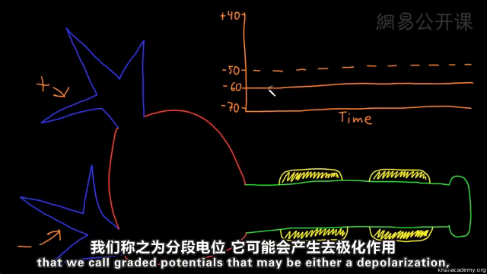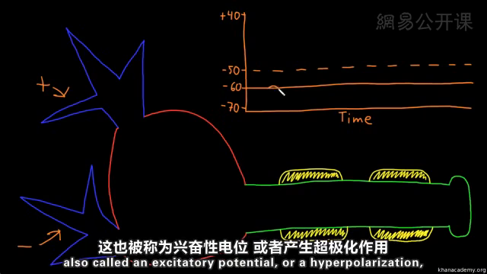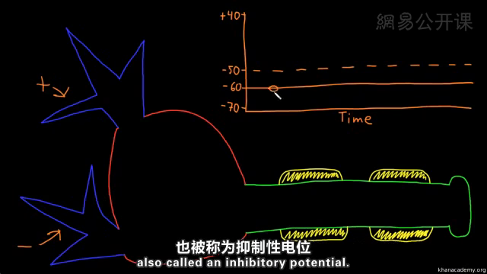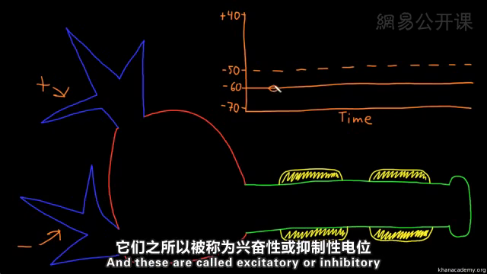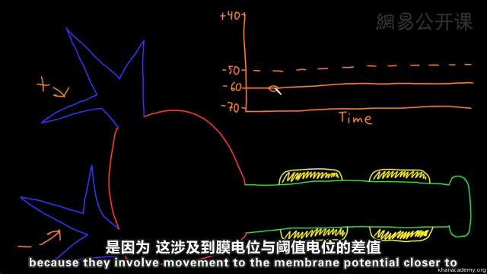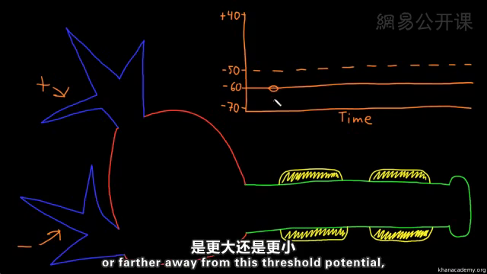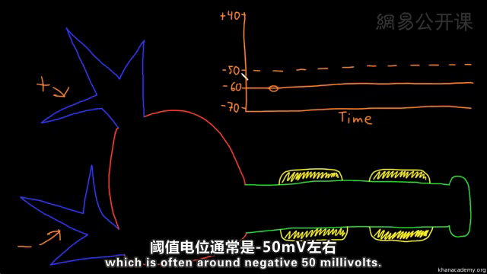That may be either a depolarization, also called an excitatory potential, or a hyperpolarization, also called an inhibitory potential. And these are called excitatory or inhibitory because they involve movement of the membrane potential closer to or farther away from this threshold potential, which is often around negative 50 millivolts.